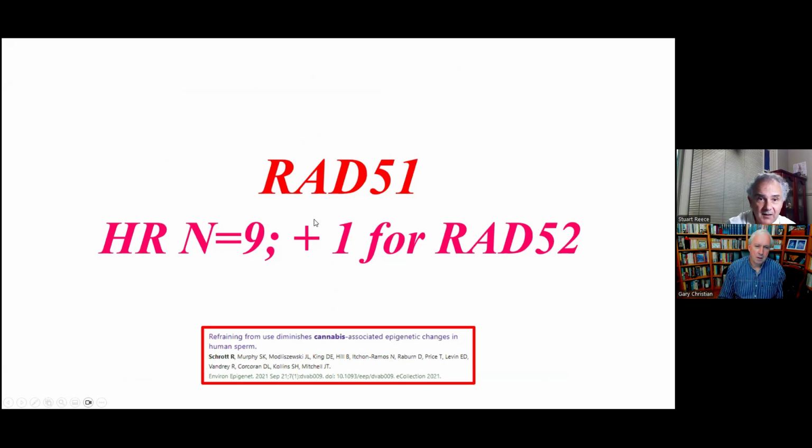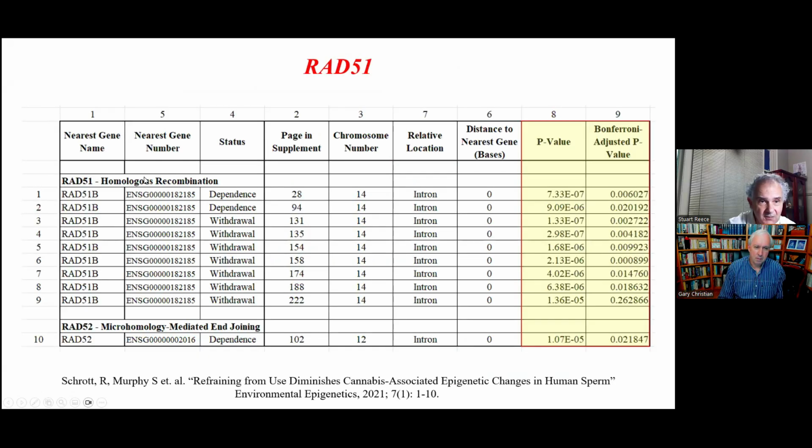And there's the RAD51: there are 9 hits for RAD51 in this EWAS study, epigenome-wide association study, and 1 for RAD52. So you're destroying homologous recombination, which is high fidelity DNA replication and repair, and by default you're going to low fidelity. At the same time, you're interfering with the ability of the chromosome to stick on the mitotic spindle, which is why it comes adrift.